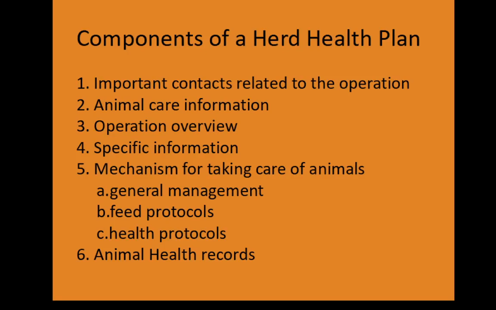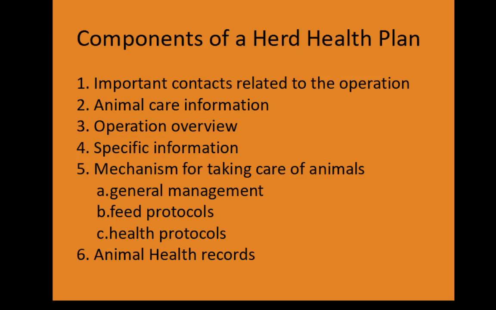Okay. Feed types are also under animal care information. It is important that we take note of when and what particular animal feed type we give to our animals at this age or at this season. And then also we should include directions to our farm.